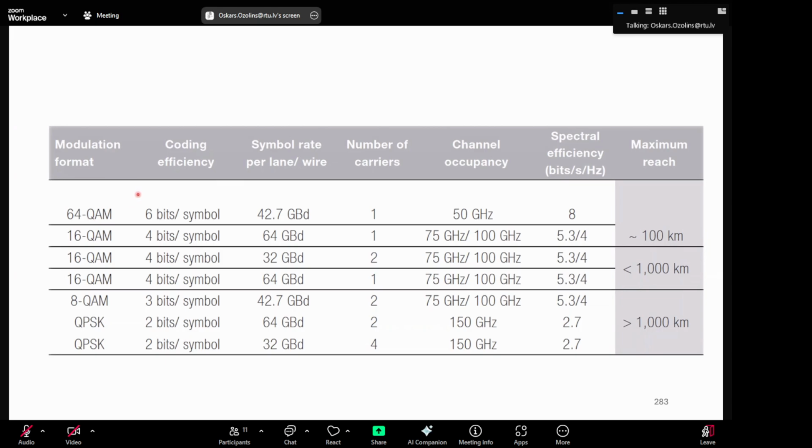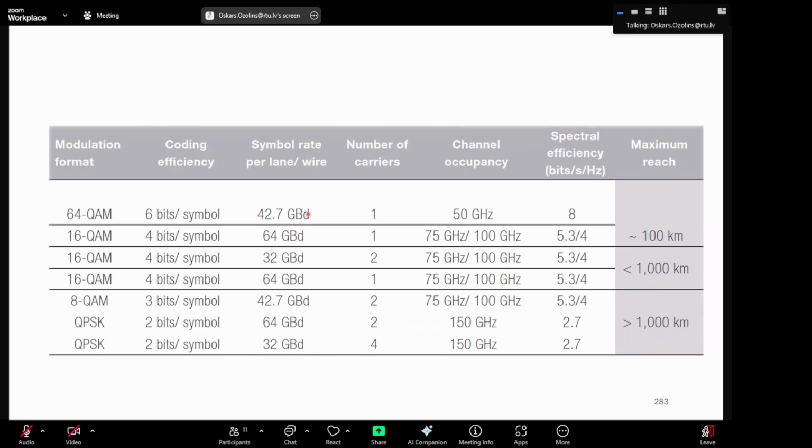Okay, then the other thing is that with higher order we can code more bits per symbol. And then there are different examples of what the symbol rate is. So these symbol rates, now I think for 16 QAM I've seen is beyond 200 gigabaud. So this is a slightly older table.